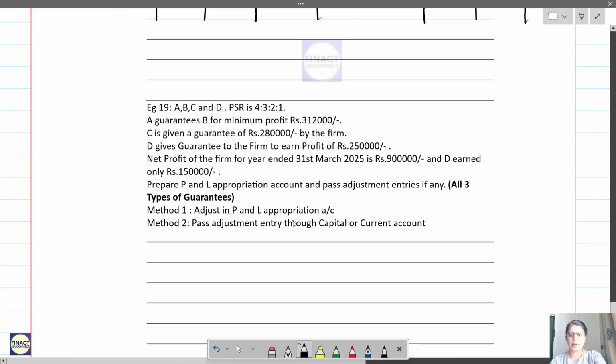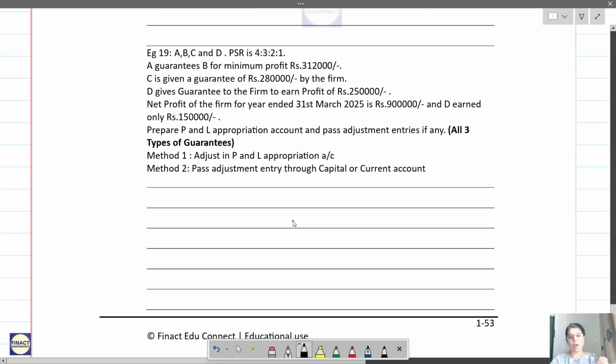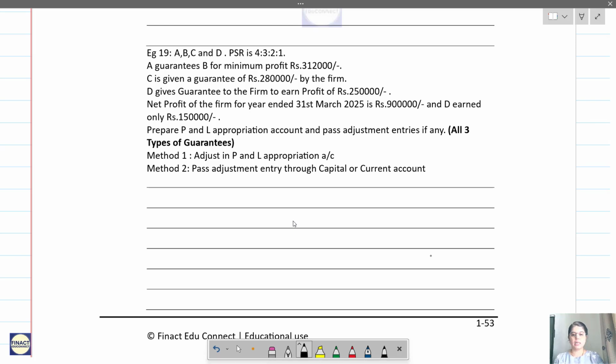See here, example 19 is a question wherein you have all the three guarantees. All the three guarantees, that is partner to firm, partner to partner, firm to partner, everything is there. So if all three guarantees are there, what is the sequence that we should follow? So always remember, when all three guarantees are there, first we must fulfill the guarantee partner to firm, always.